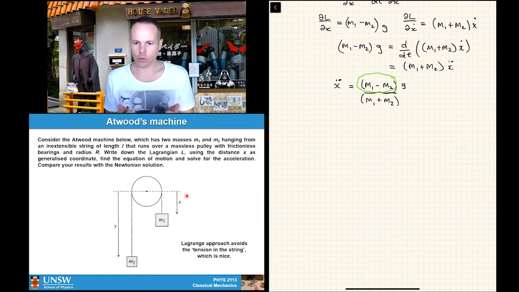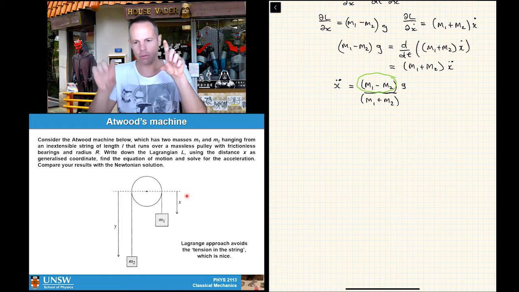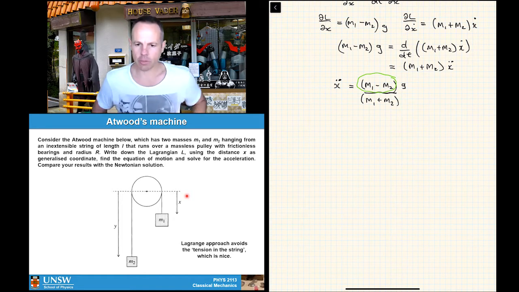And so if you know those two masses accurately and you can measure that acceleration, which might be, you know, 0.1 meters per second squared or something, you can then use the knowledge of the mass relationship to get g. Okay, it's a really nice experiment for doing this.